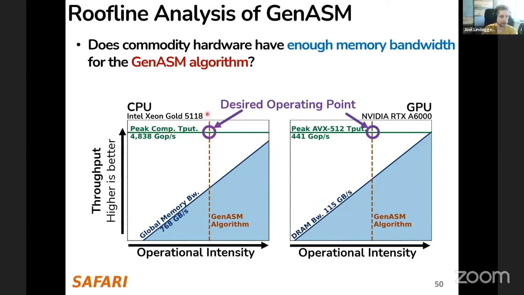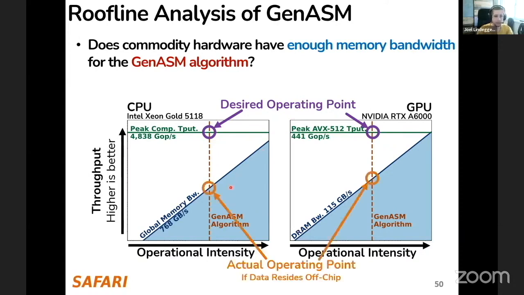And we know that the given algorithm always operates on its vertical line along the operational intensity. Now, the actual operating point of these algorithms is unfortunately bound by the intersection point between the algorithm and its memory bandwidth. So if you check here, the intersection point between the algorithm's operational intensity and the memory bandwidth is significantly below the desired operating point.